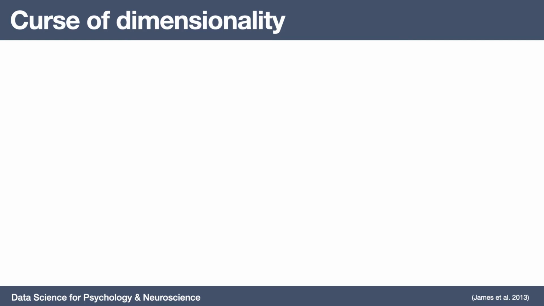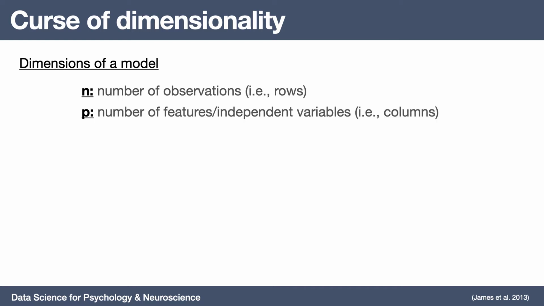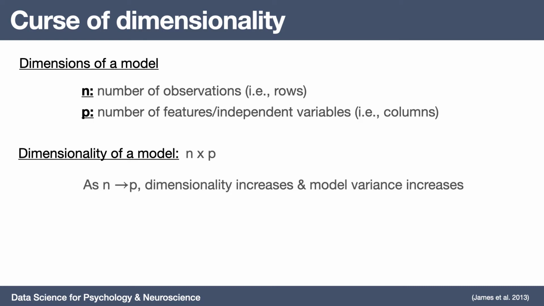Recall from the lecture on bias-variance trade-off that dimensionality in a model refers to a comparison of the number of observations, n, or number of rows, and the number of features or variables, p. And the relative ratio of n to p defines the model's dimensionality, so that as you get larger numbers of feature variables relative to observations, the dimensionality increases.